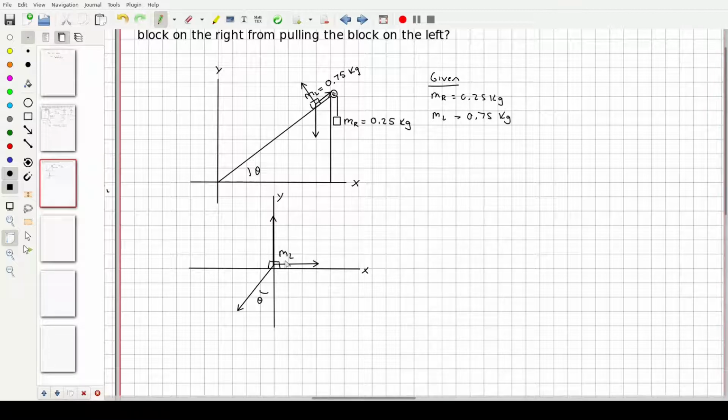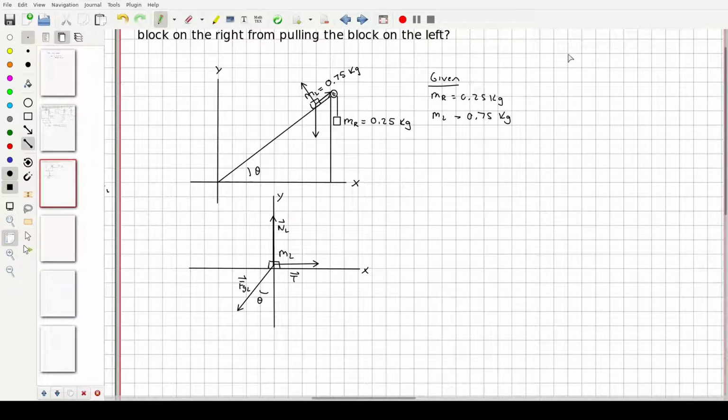Okay, so to label these things, this is our normal force. This would be the tension. Remember, the tensions are the same. And this right here would be the force due to gravity on the left thing. All right. Now, so the right one, it's unchanged.